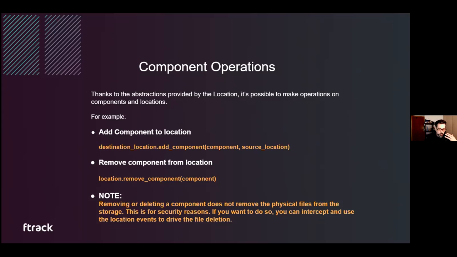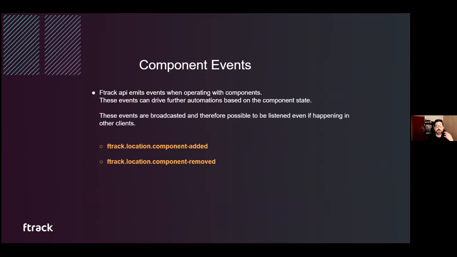So when you operate with components, you also have to be aware there will be events emitted. One for when a component is added to a location, and one for when a component is removed from a location. Now, why is this important? Because, of course, these events are broadcast in Ftrack, which means that you can listen to these events from any of the sessions that are connected to the same server.